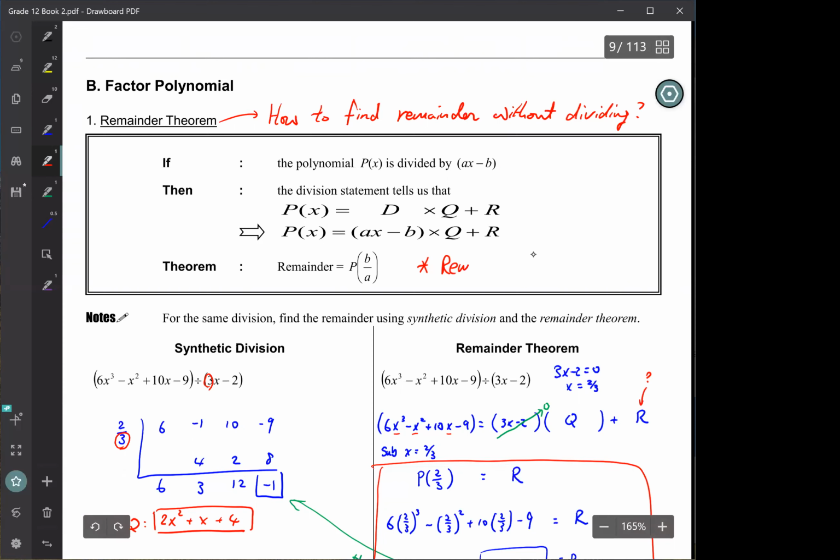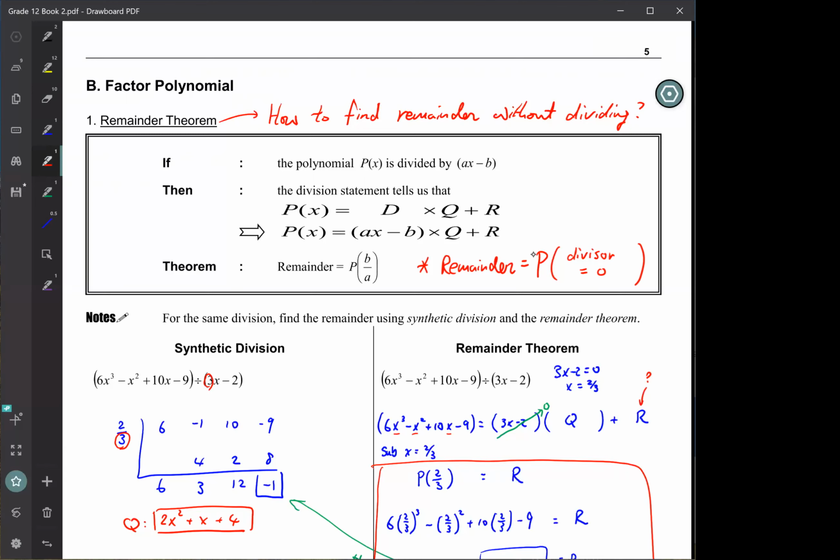Remainder equals P of, and the number that goes inside is the divisor equals 0. We can repeat this a couple of times: remainder equals P of divisor equals 0. The number that goes in will make the divisor equal 0.